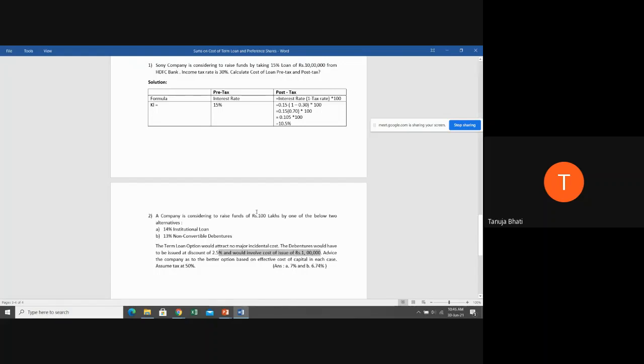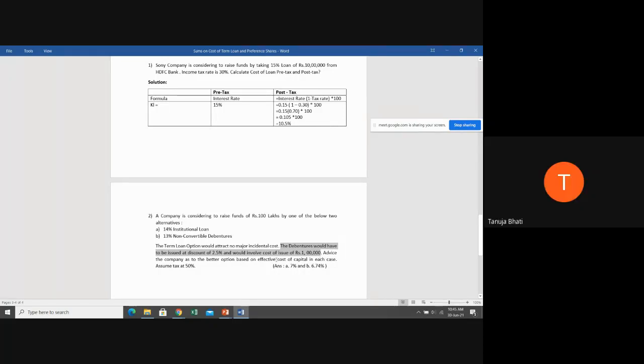So face value is 100 lakhs minus discount, which is 2.5% of 100 lakhs, minus 1 lakh rupees. This is going to give you the NP. Is this understood? Yes, ma'am.